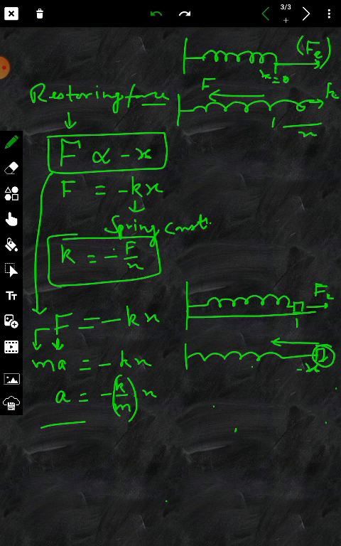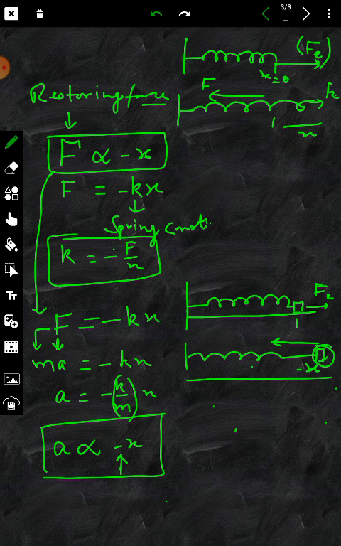From here we understand that the acceleration is directly proportional to the displacement and is directed opposite to the displacement. Therefore, in the case of such oscillations, the acceleration satisfies the condition for simple harmonic motion. Therefore, this object oscillating, attached to the spring placed on a horizontal frictionless table, is in simple harmonic motion.